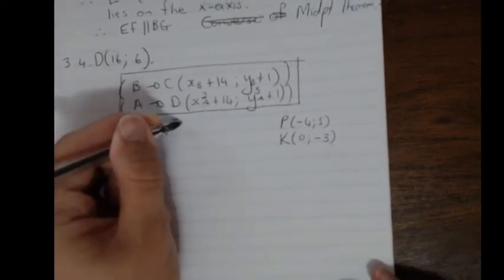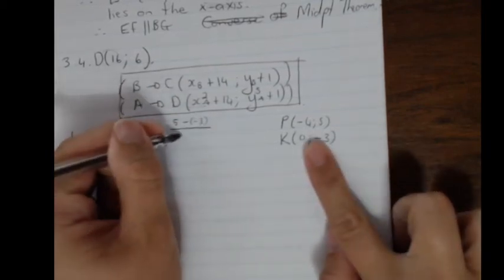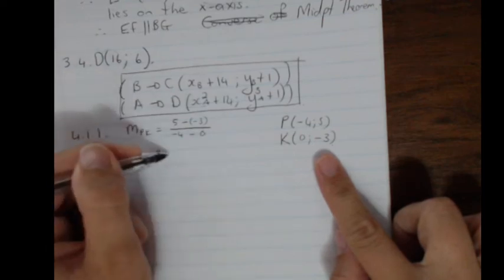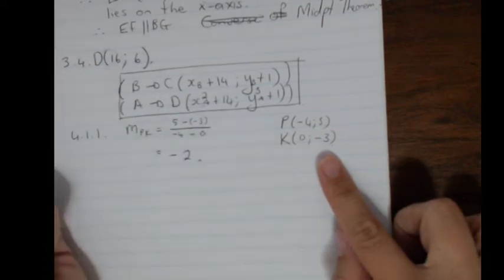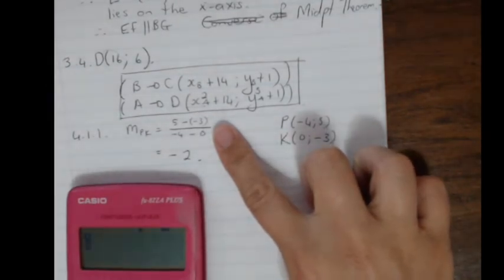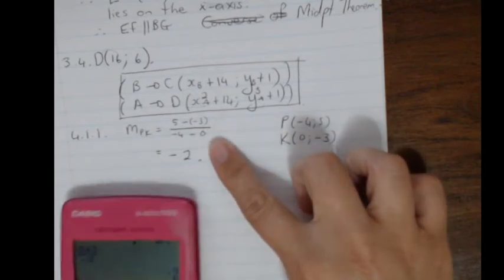So difference in y, 5 minus -3, over difference in x, -4 minus 0. And this is 8 over -4, so -2. I'm just going to double check with my calculator quickly. 5 minus minus is +3 over -4 minus 0, so -2.